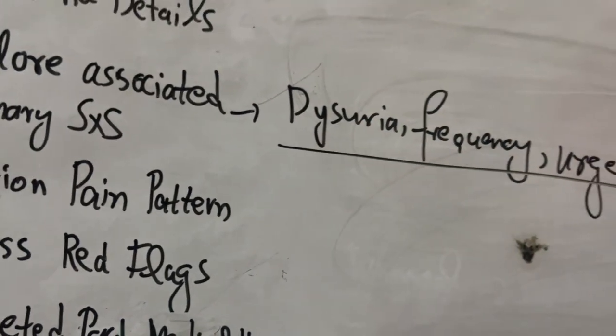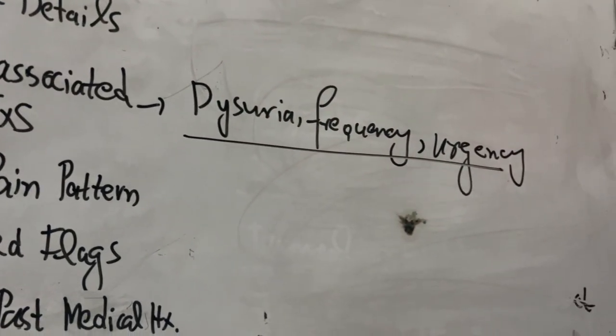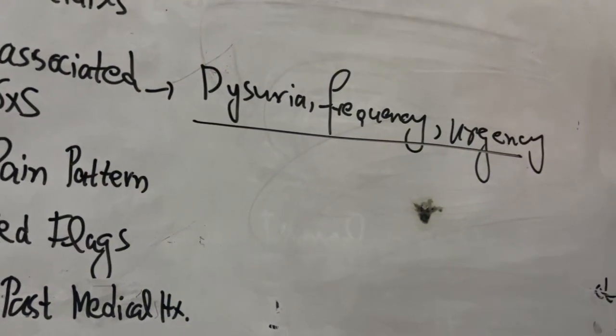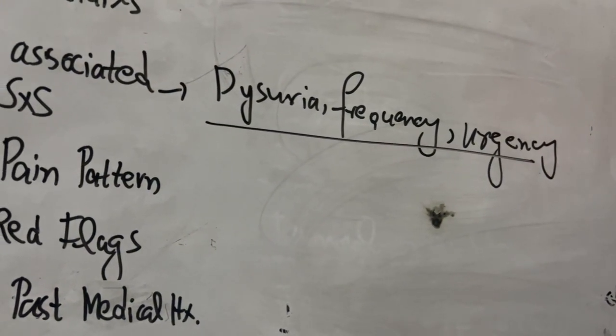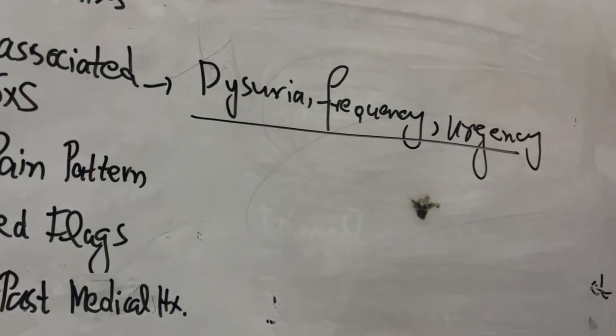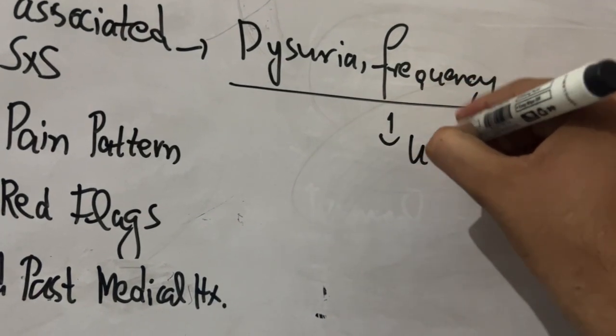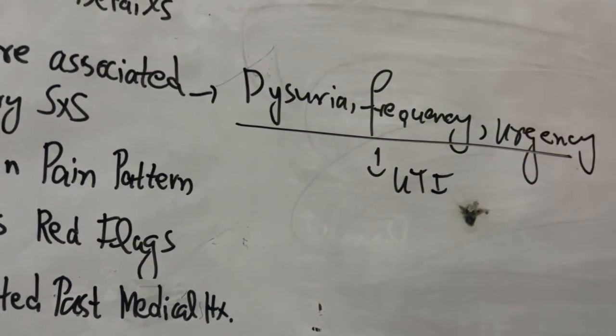If the history is positive for these symptoms, dysuria, frequency, urgency, then it suggests UTI, urinary tract infection.